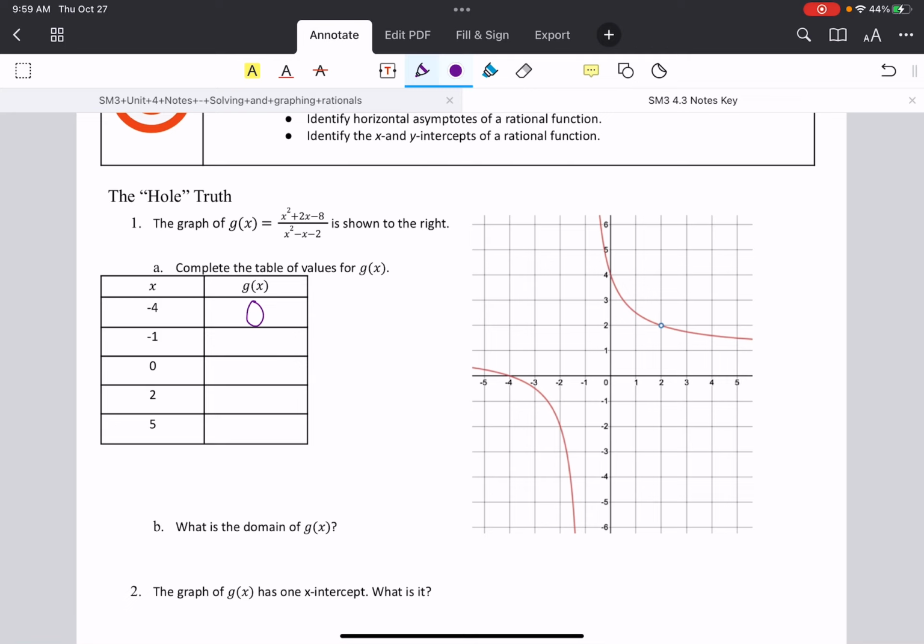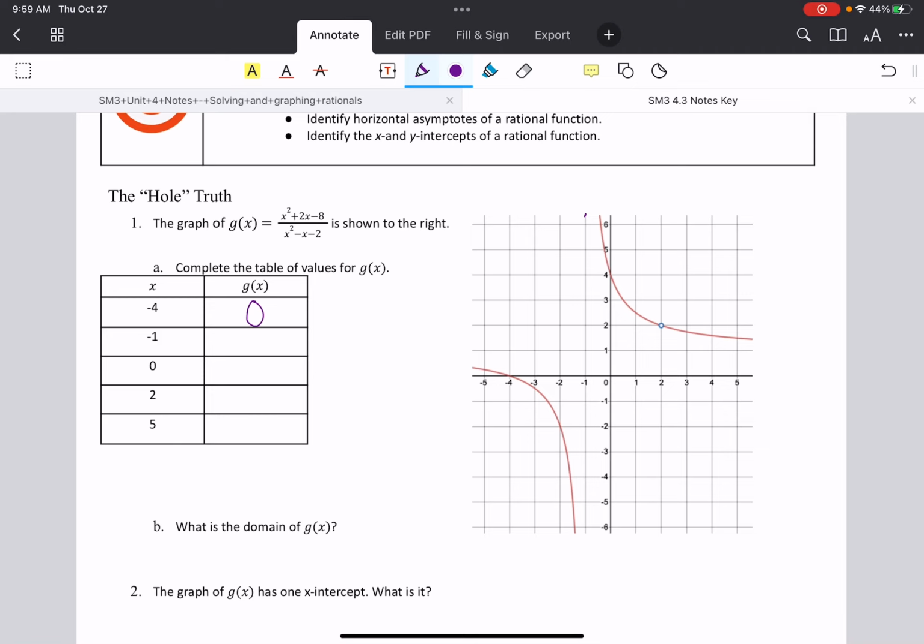What about g of negative 1? Negative 46. G of negative 1? That's what my calculator said. Did you do the x squared plus 2x minus 8 over x squared minus x minus 2? Trace.